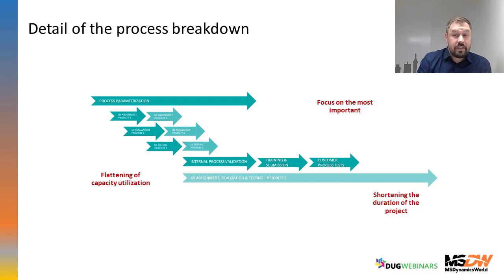The third thing, what it is good for this way of planning, is shortening the duration of the project, because I can plan everything as short as possible at the beginning. I will explain it a bit later. But if I give everything as close as possible together, I can shorten it.